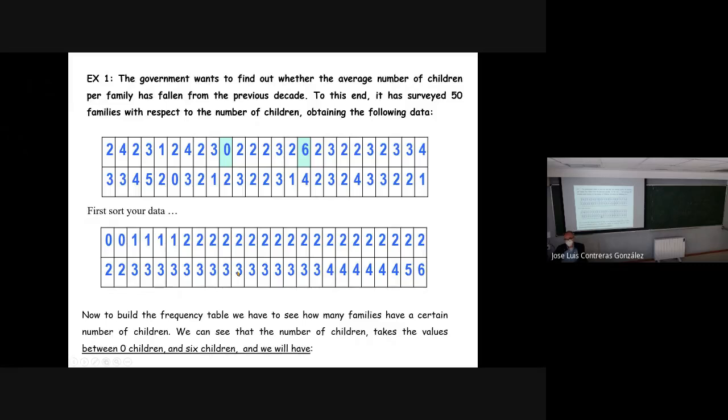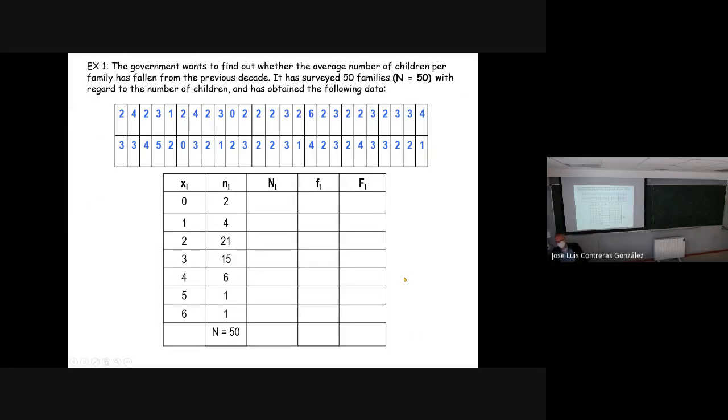So if we go to our table, first of all, we sort our data. We start with 0, and we go up to the highest number, 6. And now we are going to build the frequency table. I have already sketched the table here, and your task now is just to complete it, to fix the concepts. I have drawn the table and I have counted the numbers.